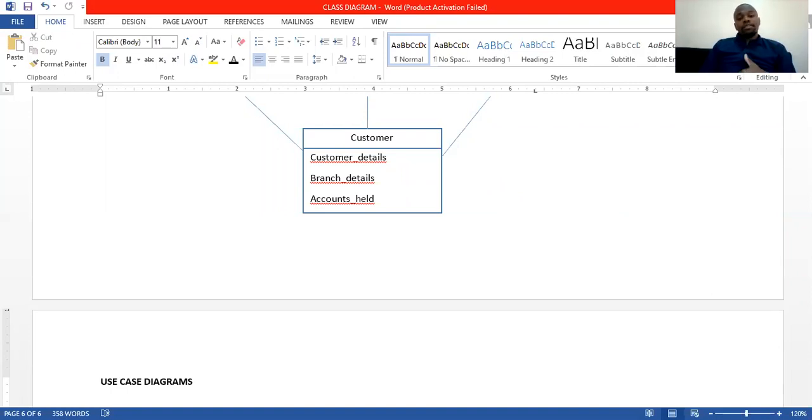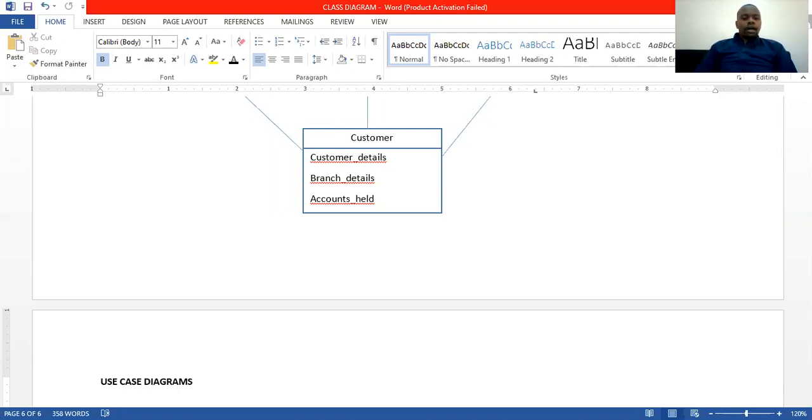Hardware, software, and user. So we are showing the software and the users outside the system. So that's what a use case diagram is about, okay? It is basically to show the users of a system and the different entities within that system that those users interact with, okay?